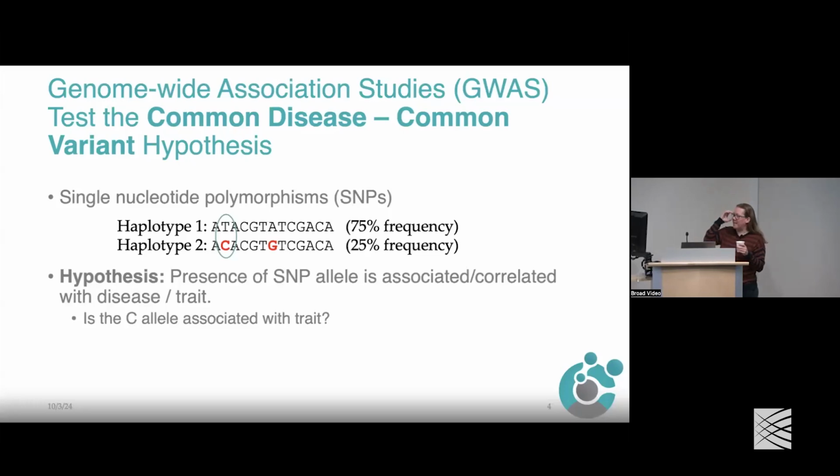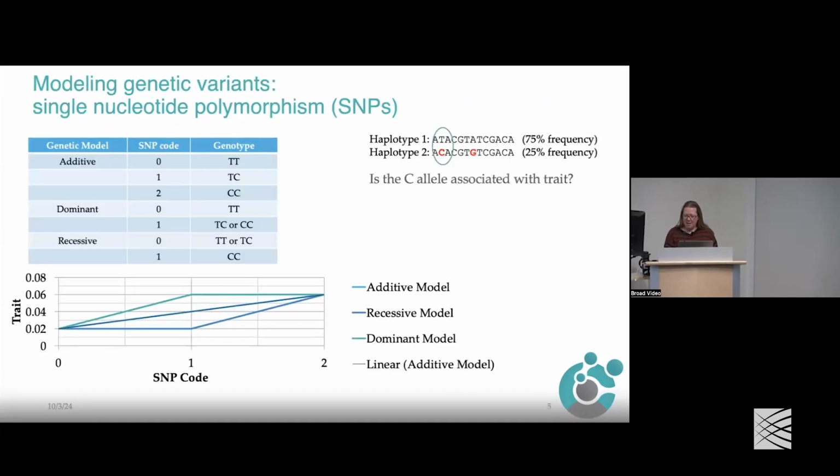We want to know if the C allele is associated with the trait. We generally want to just scan the genome, and at every allele where there's a variant observed, ask this question. So we're going to be performing a statistical test at millions and millions of places along the genome.